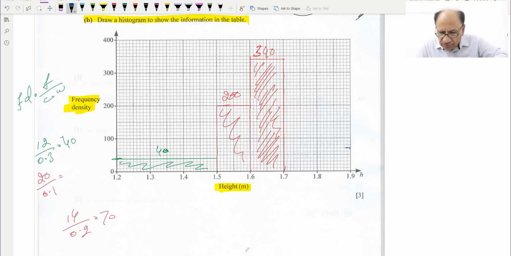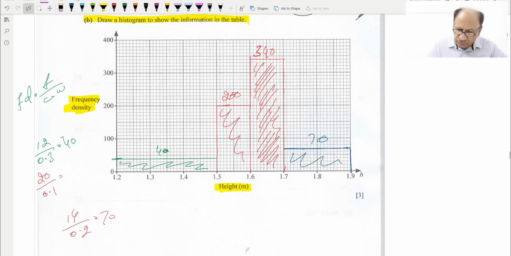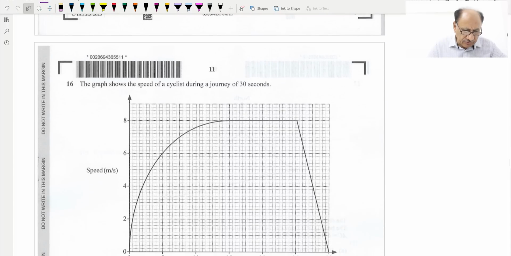So we can draw this side, then we can draw the top also like this one. So this is representing 70, and that's all. This job is done. This was for 3 marks. Hopefully you understood this.